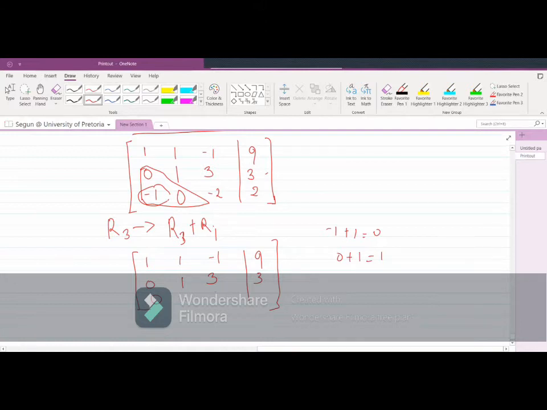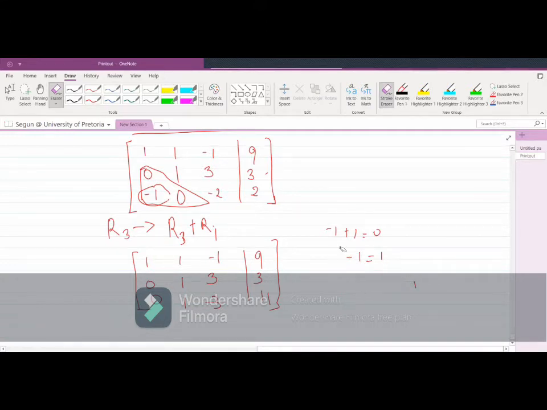So you put 1 here. The next one is -2 plus -1, which is -3. You put -3 here. Then the next one is 2 plus 9, which is 11. You put 11 here. So we're done with that.